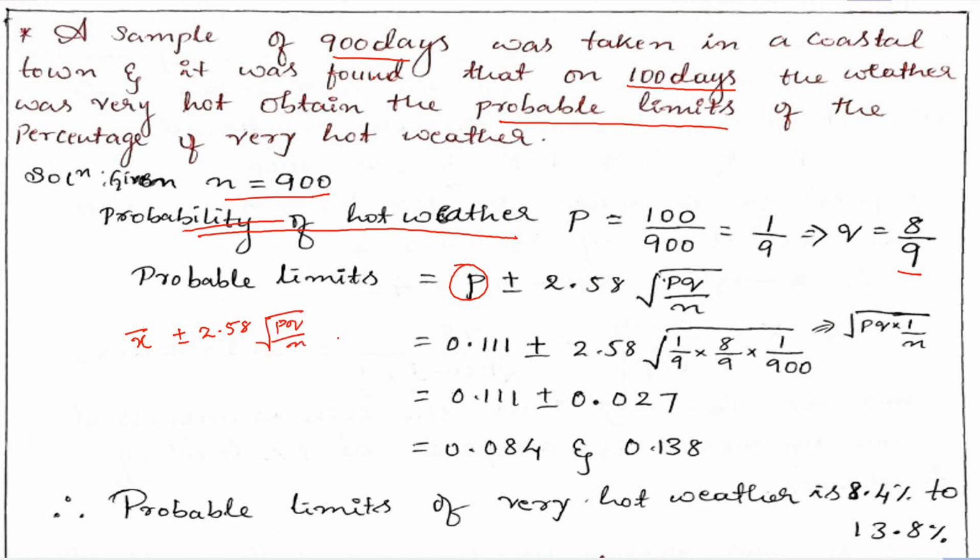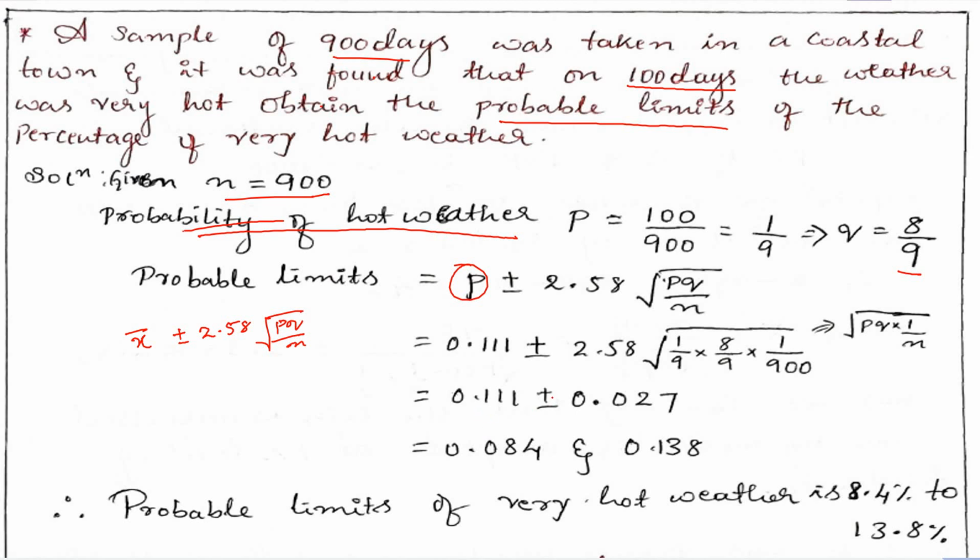So you can use X bar plus or minus 2.58 into square root of PQ divided by N. Using this, I have substituted the values: P is 1 by 9, Q is 8 by 9, and N is 900. Solving this, I am going to get two values.